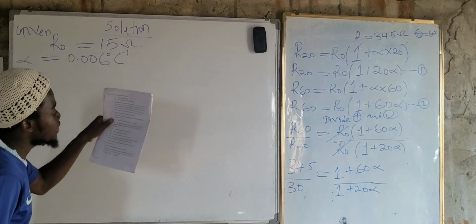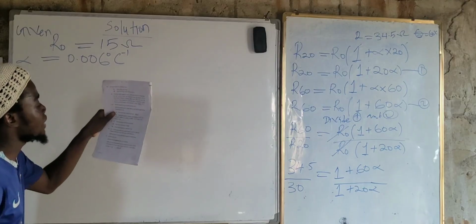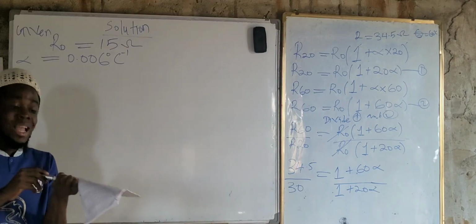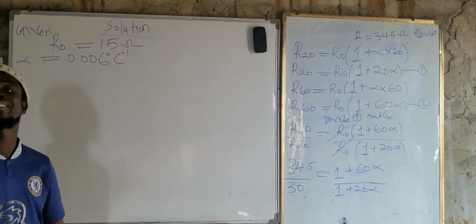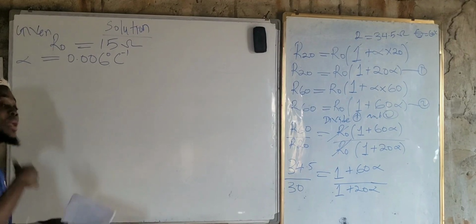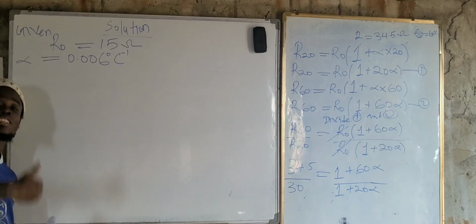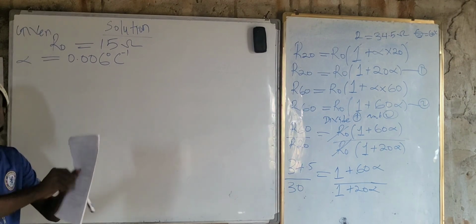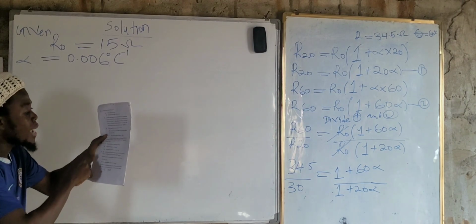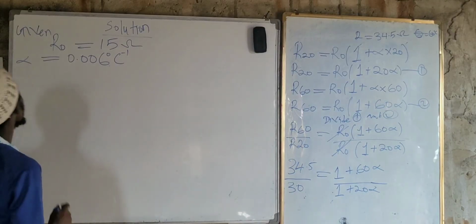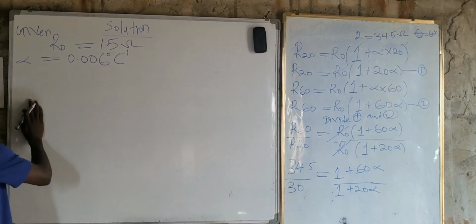At 0 degrees, tungsten has a resistance of 15 ohms. So when the temperature was 0 degrees Celsius, the resistance was 15 ohms. What are we asked to find here? The resistance at 20 degrees Celsius.